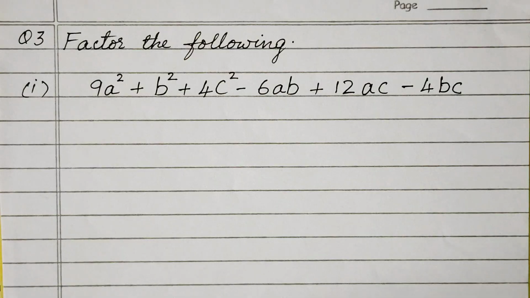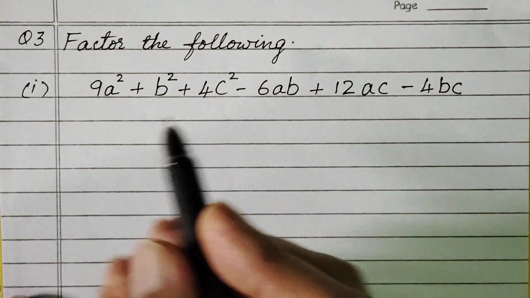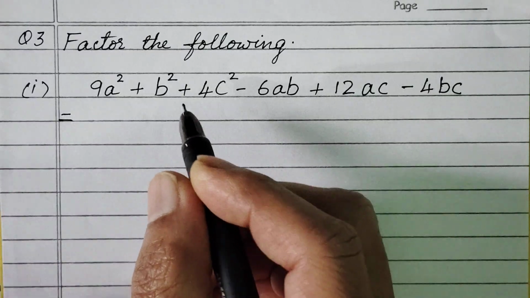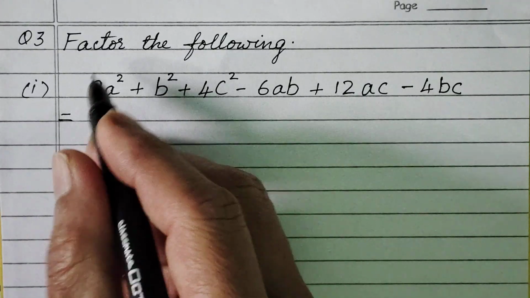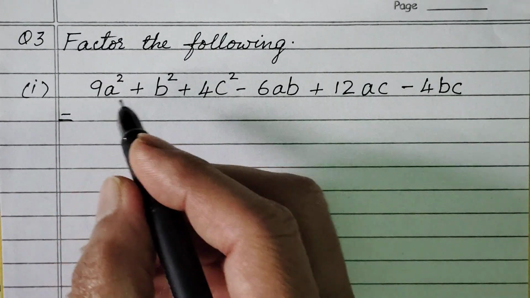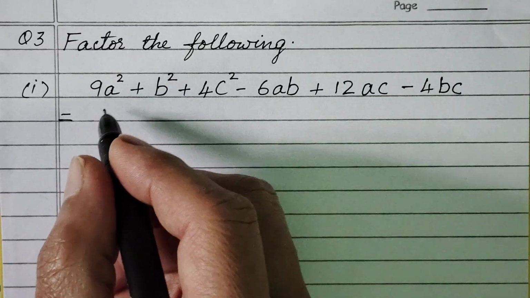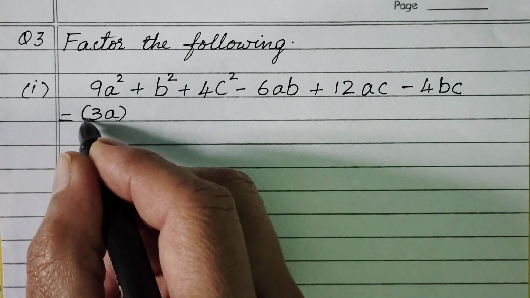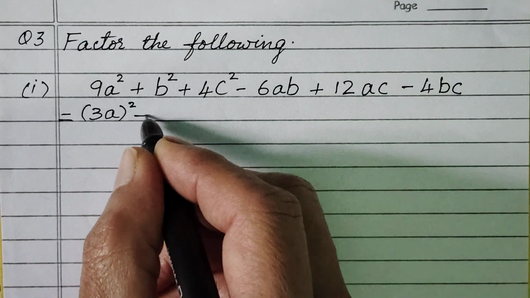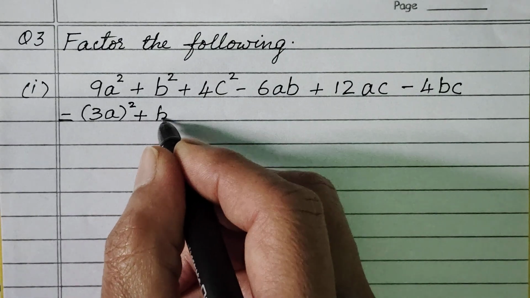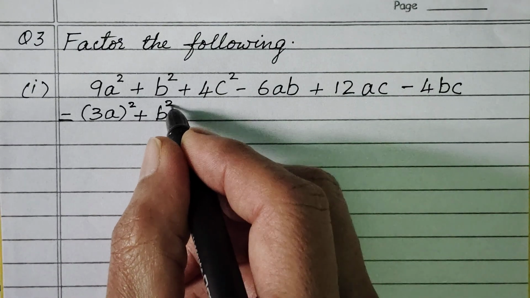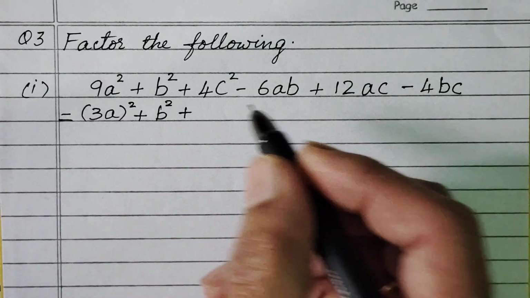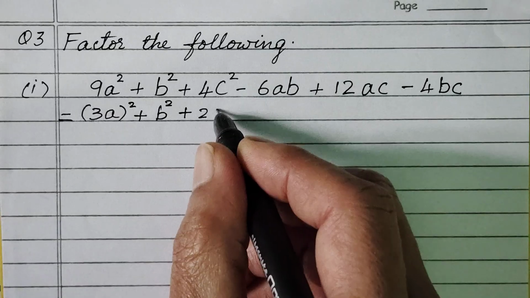So we can write this expression as 9a square we can write as 3a whole square, plus b square, plus 2c whole square.